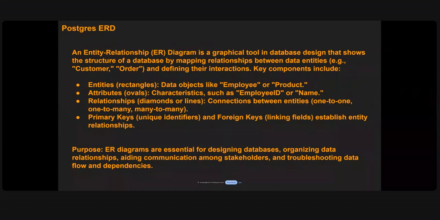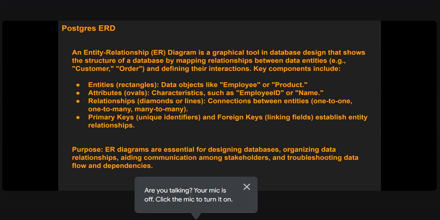Say for example, take Amazon. If I want to segregate tables in Amazon, what are the tables I can segregate there? I can say product details, then cart details, so whatever you add to your cart is another table.